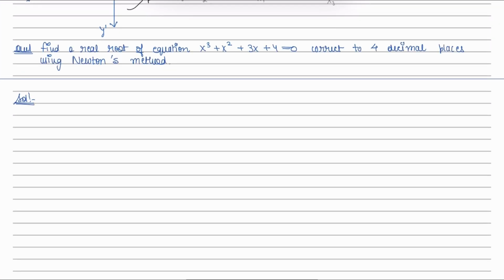In this example, the initial approximation is not given, so firstly we have to find out where the root will lie.